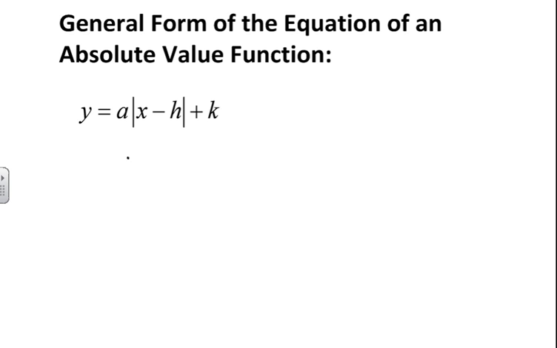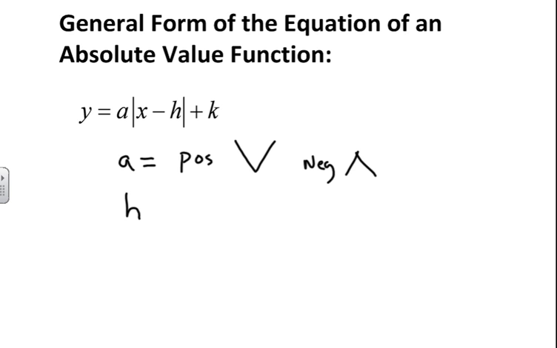Right now we're just going to focus on if a is positive or negative. If it's positive, your graph is going to go up. If it's negative, the graph's going to turn upside down.